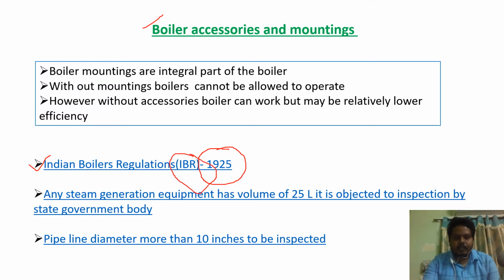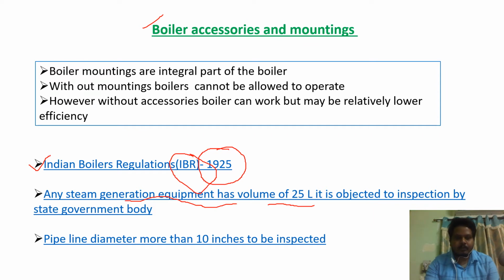Here the main rules are: if the steam generation equipment has a volume of more than 25 liters, they should take permission from the state government body. Otherwise, they are not allowed to operate the boiler.